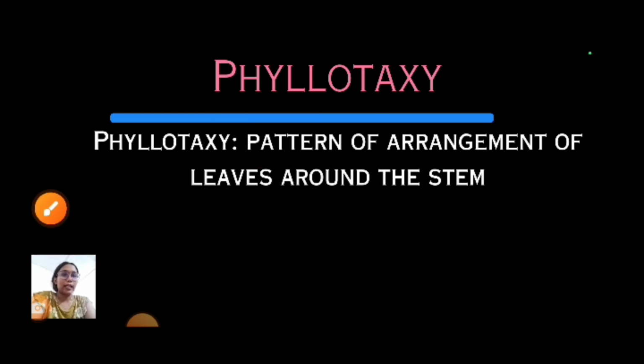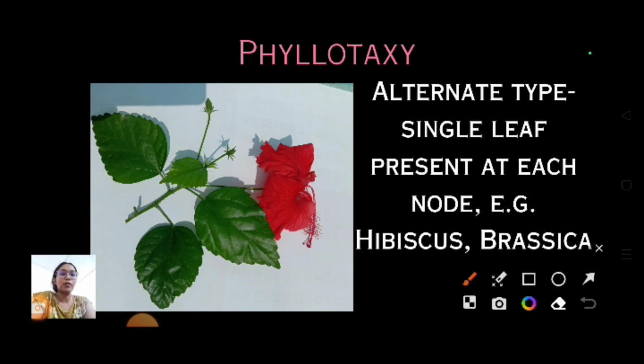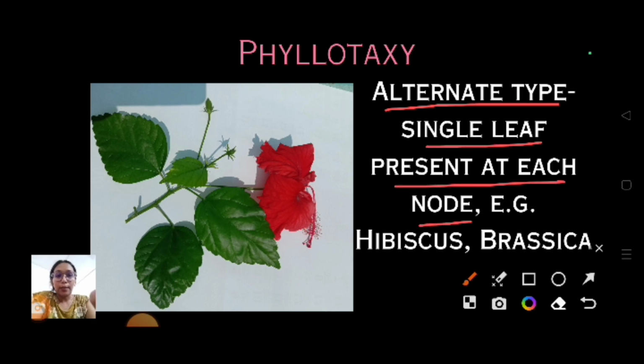Let's move on to the first one, that is the alternate type of phyllotaxy. Here a single leaf is present at each node. Suppose these are the nodes, a single leaf arises from one particular node. Examples are hibiscus and brassica.